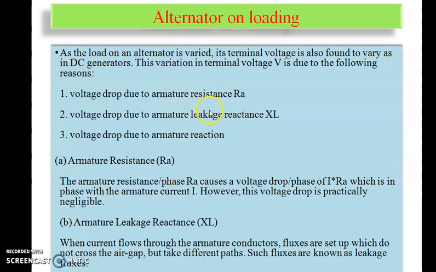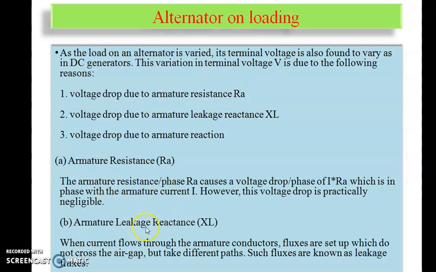First is voltage drop due to resistance Ra, second is voltage drop due to armature leakage reactance XL, and third is voltage drop due to armature reaction. Simply, armature current into the resistance, I Ra, is the voltage drop.